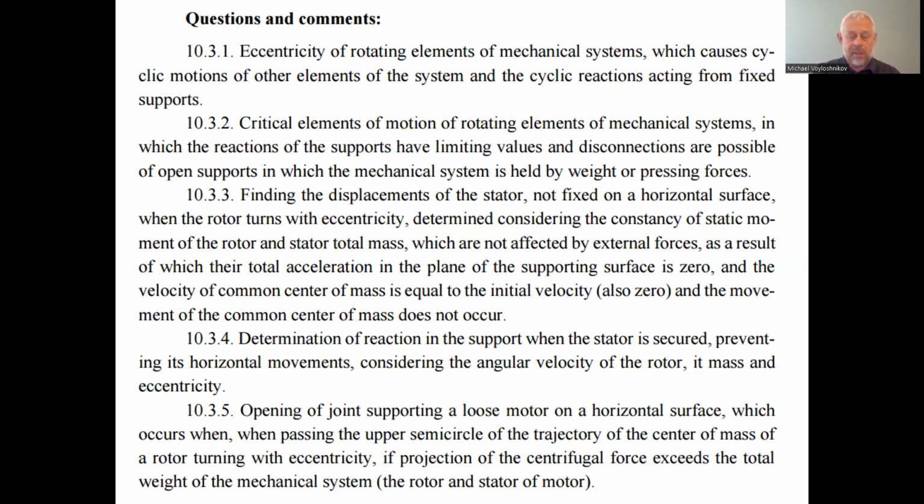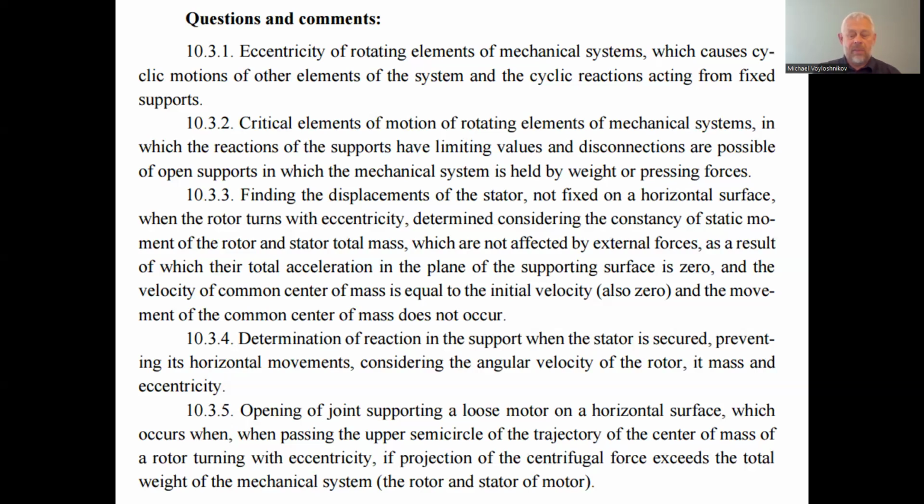When we consider the motion of the center of mass of the mechanical system with the rotating element, it has a stationary element and a rotating element, and we have a definite common point of location of the center of mass of the system consisting of these two elements.